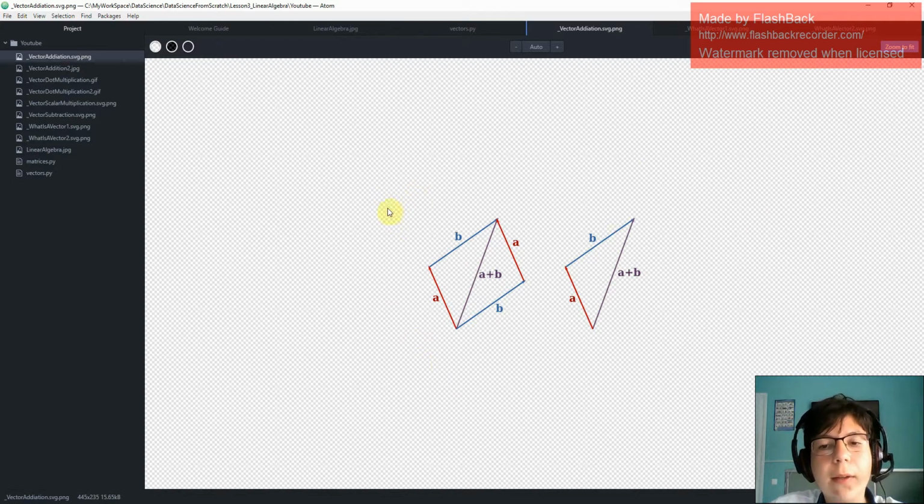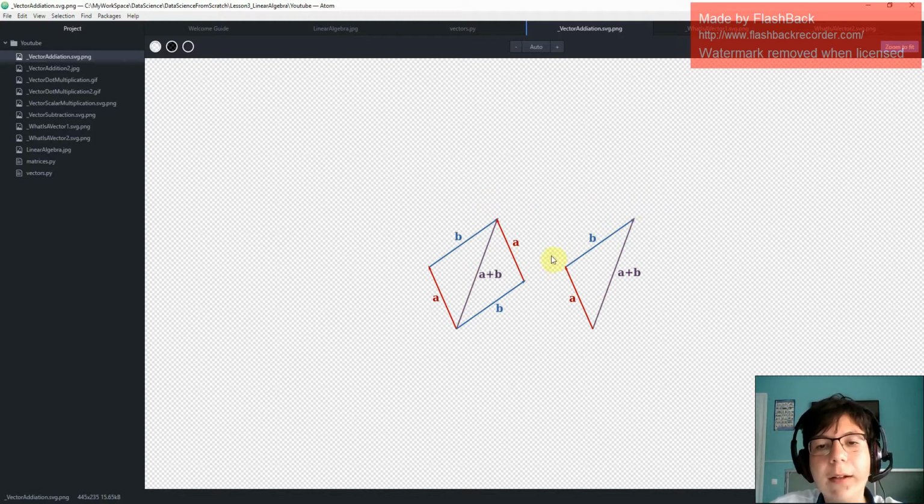If we consider the first vector being a side of a triangle and the second vector being another side of that triangle, then the sum, or the vector obtained by adding the two vectors, is a third vector which starts from the origin of the first vector and ends in the point where the second vector ends.